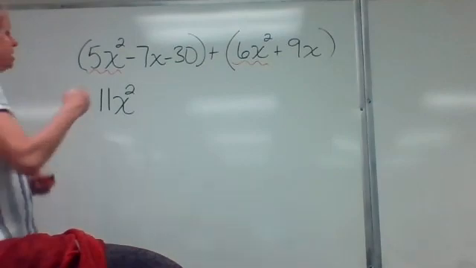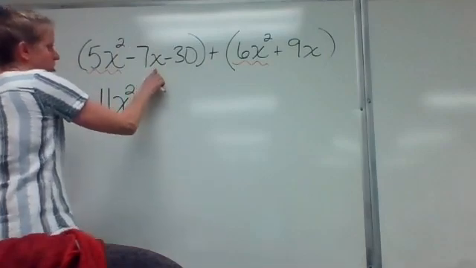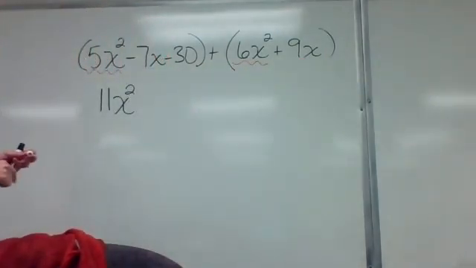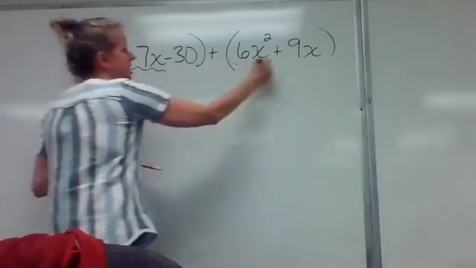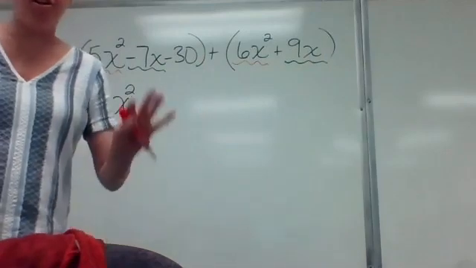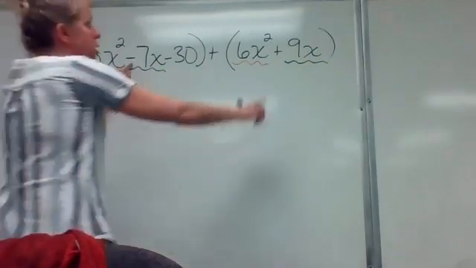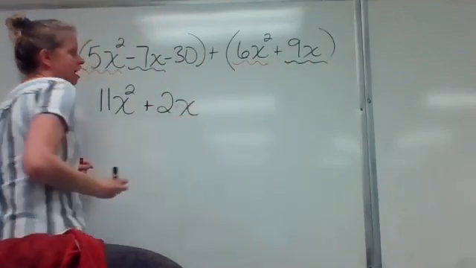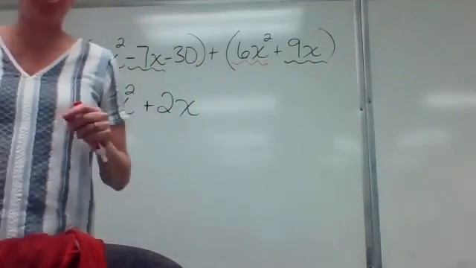Now let's see, here's an x, so are there other x's? There's another x here, so that means we need to put those together. I've got a negative 7x plus 9x. So when I put those together, negative 7 plus 9 gives me positive 2x. And remember, you can do this in your calculator.